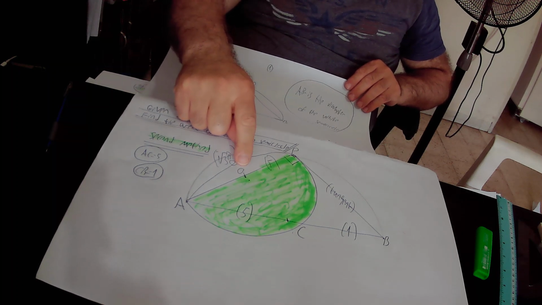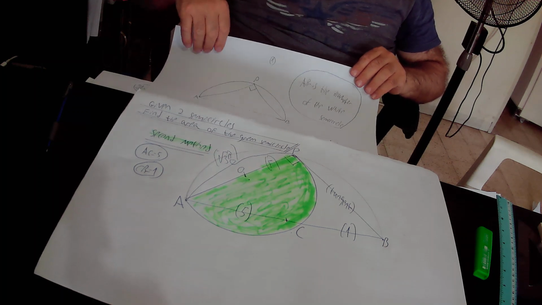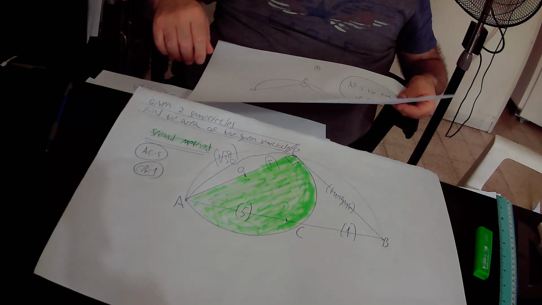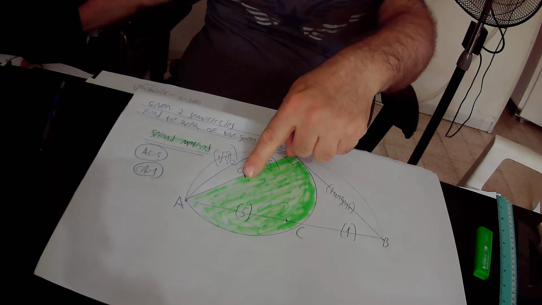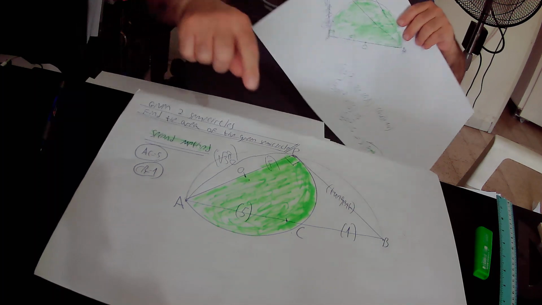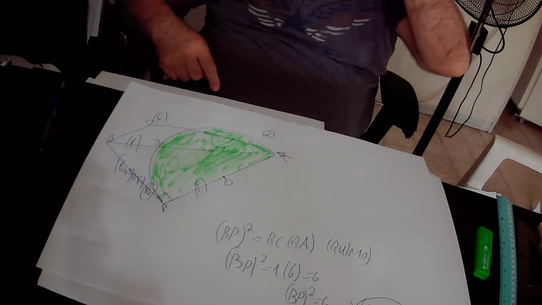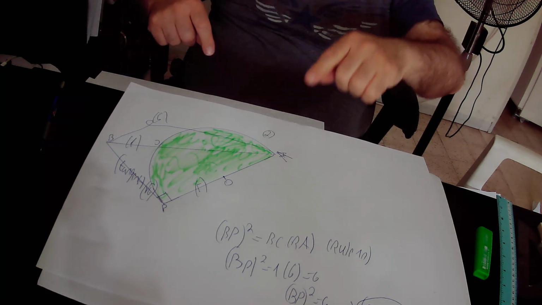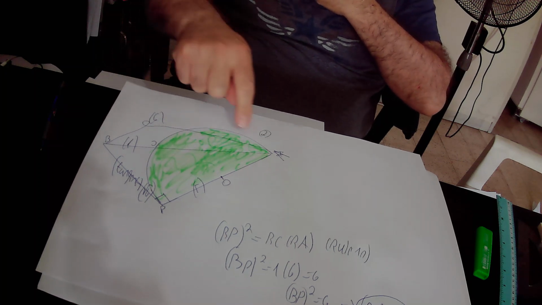So I copied point O from the original drawing to the new drawing here. Point O is the center of this green semicircle.